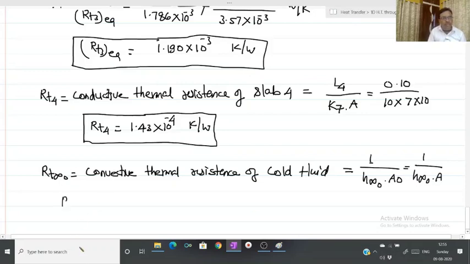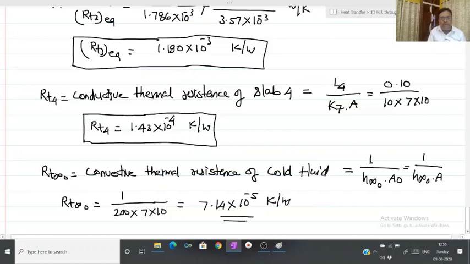So RT infinity O can be given as 1 over 200 into 7 into 10. So this comes out 7.14 into 10 to power minus 5 Kelvin per watt. So in this way, I could calculate values of all the individual thermal resistances.